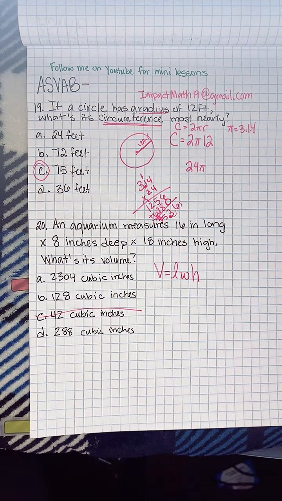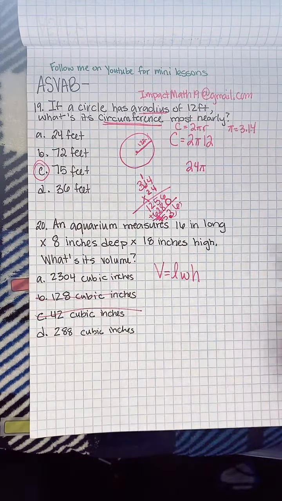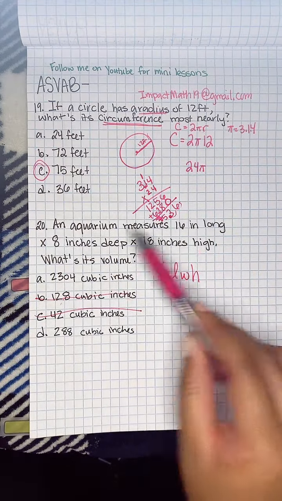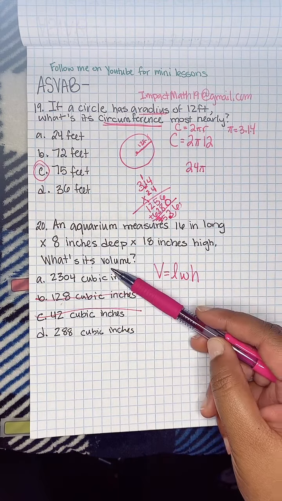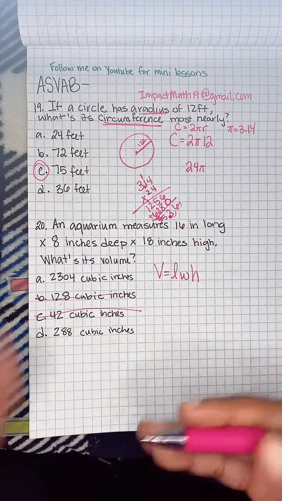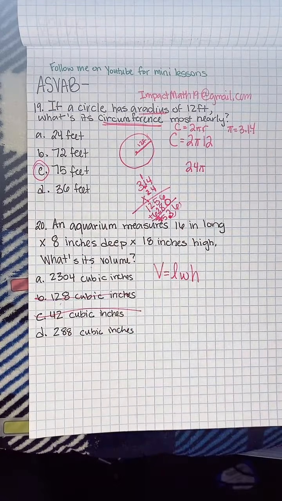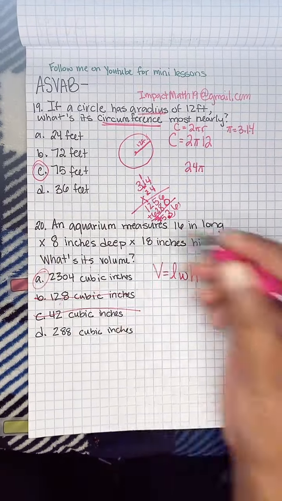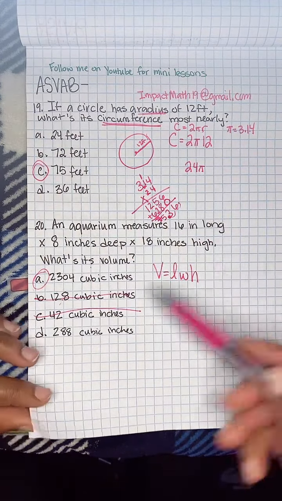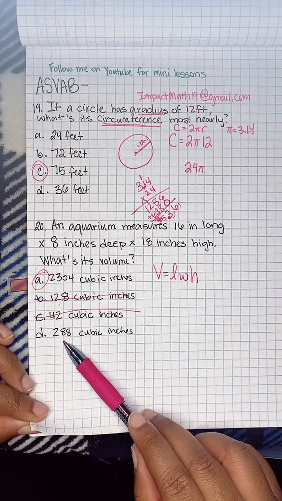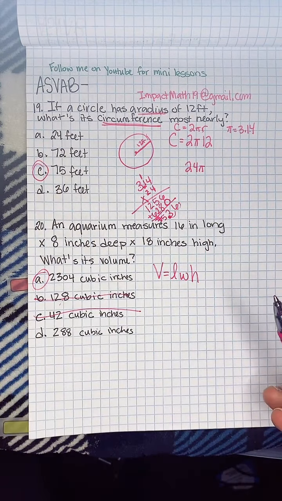I'm really thinking B is out too, because that's too small if I'm multiplying these big numbers. Now I just gave myself a 50-50 chance, right? If I had no time, I would just go with A. These look like some huge numbers I'm multiplying. Can it only give me 288? I doubt it.